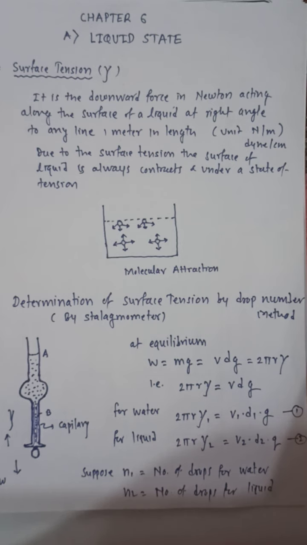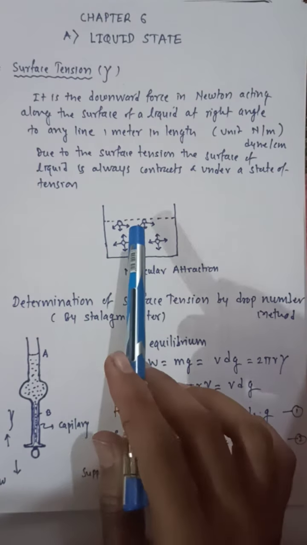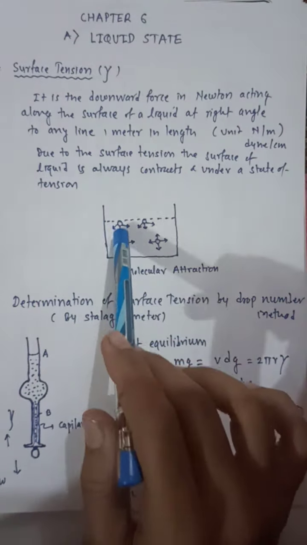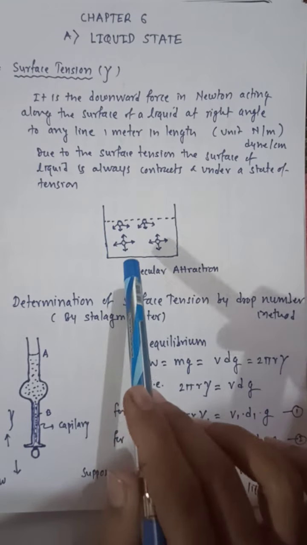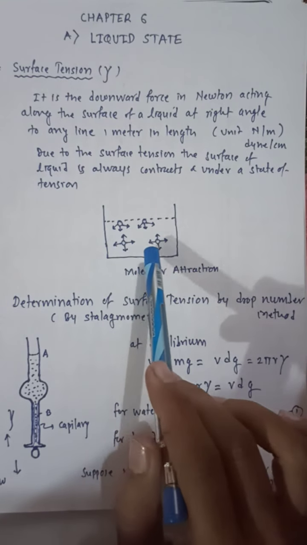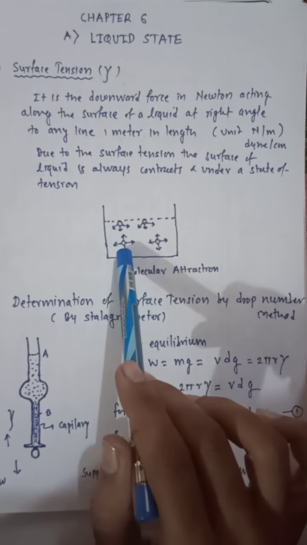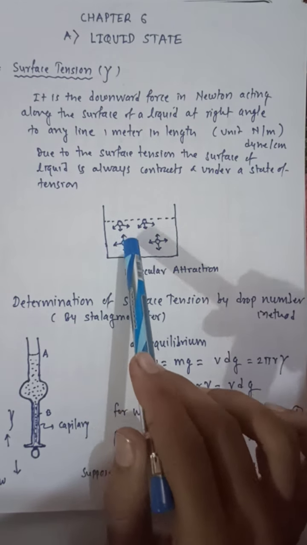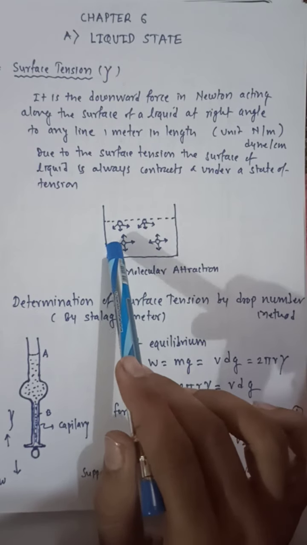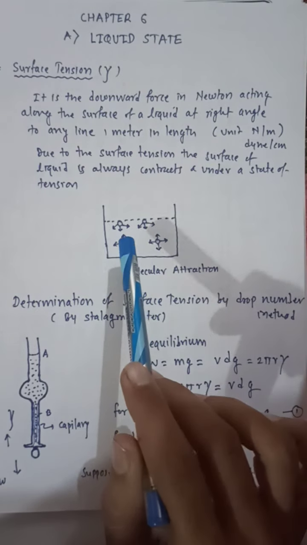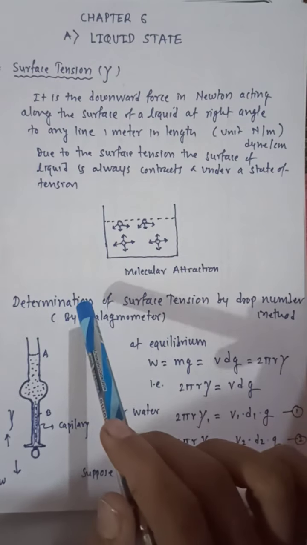It is the downward force in Newton acting along the surface of a liquid at right angle to any line 1 meter in length. So see here, what is surface tension? It is a downward force. It means the molecules which are in the liquid are attracted from all sides by other molecules, and therefore the net force will be 0.